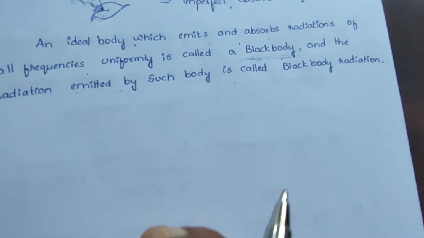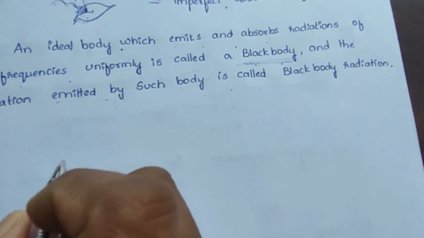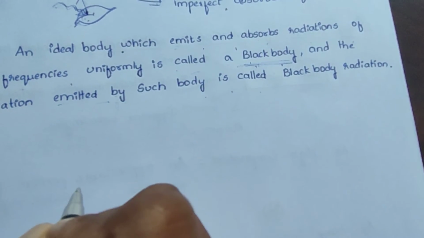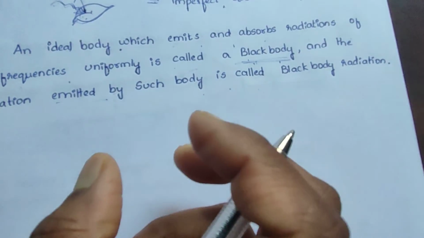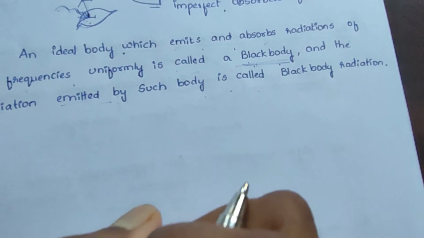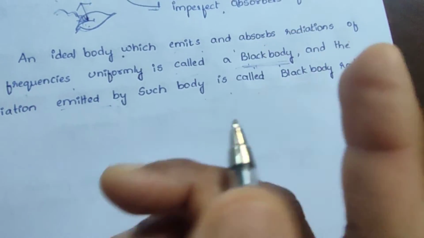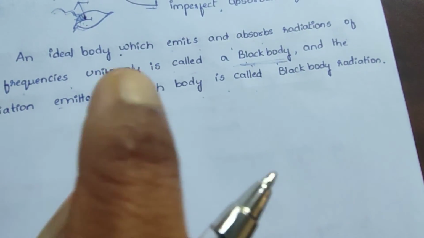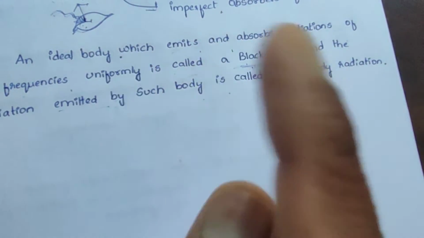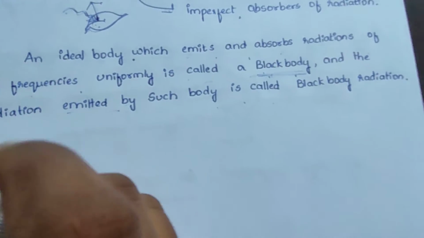So, a black body will be in thermal equilibrium with its surroundings. It absorbs the energy and it gives out the energy. So, the net change in thermal energy will be zero. A black body is in thermal equilibrium with its surroundings.